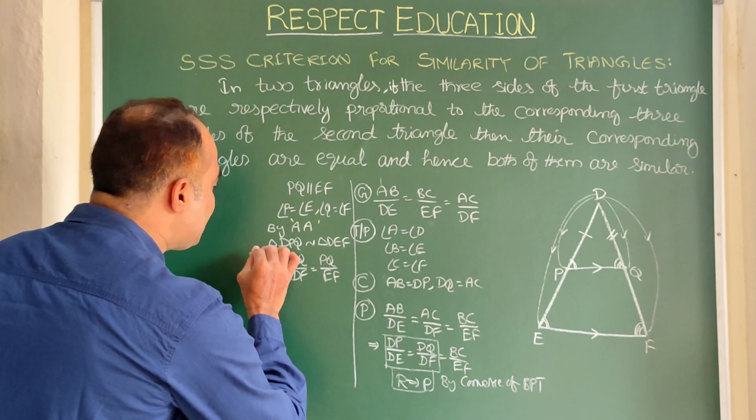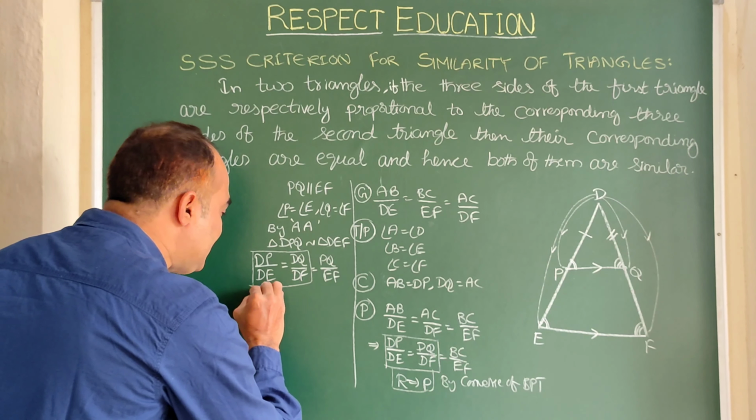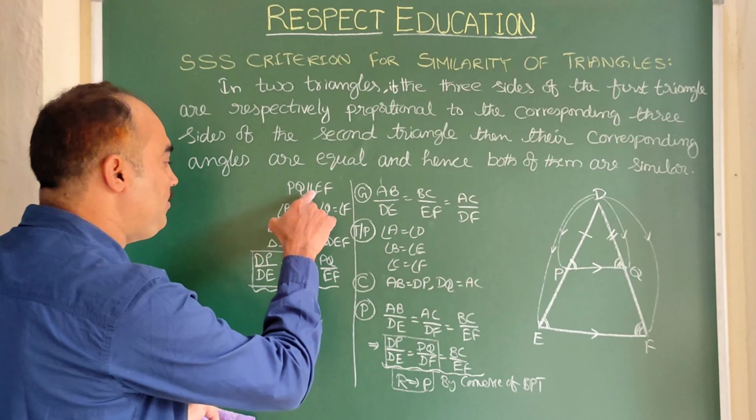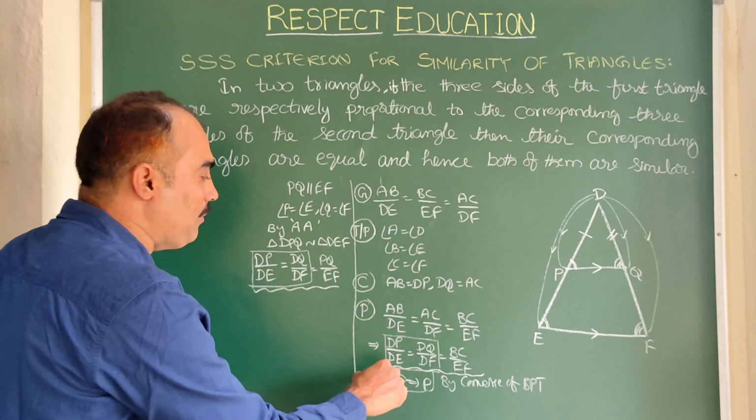Now let us compare this step with the earlier step. Just observe: before applying the converse of BPT we arrived at one step, and after applying the converse of BPT we arrived at another step. You compare both the steps. Here you see DP by DE, DQ by DF.